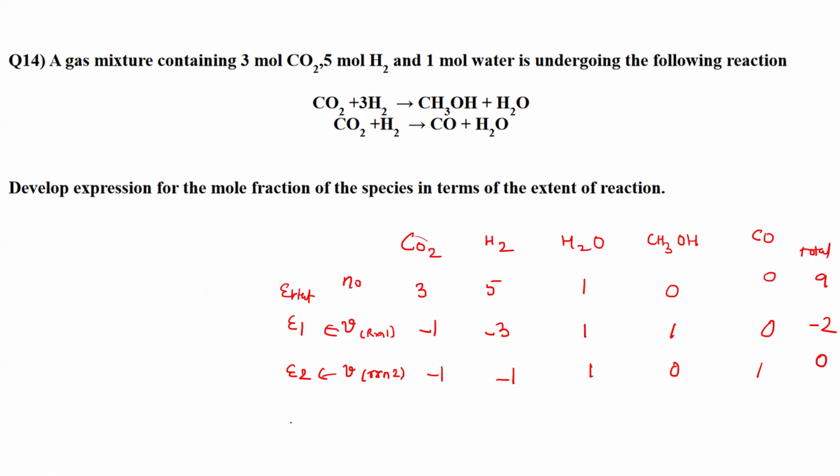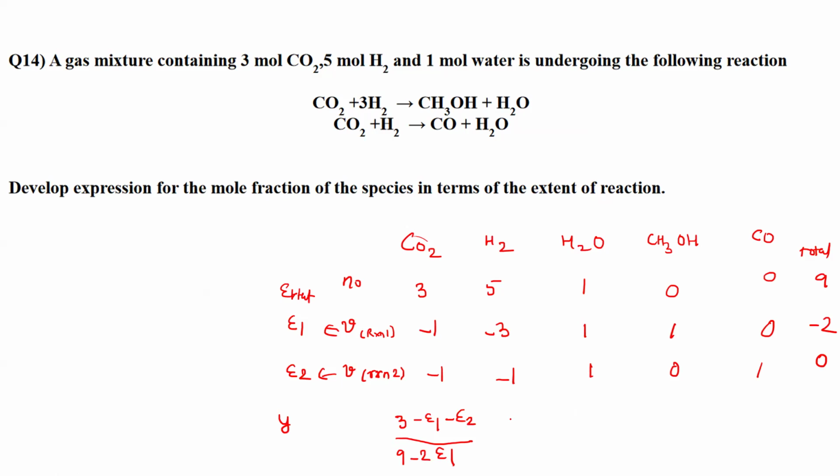Then when I write y i for each of the species, then CO2 initially was 3, okay, minus epsilon 1, minus epsilon 2, by total, which is 9 minus 2 epsilon 1. Okay, total is 9 minus 2 epsilon 1 plus 0 epsilon 2. That's how this is there.